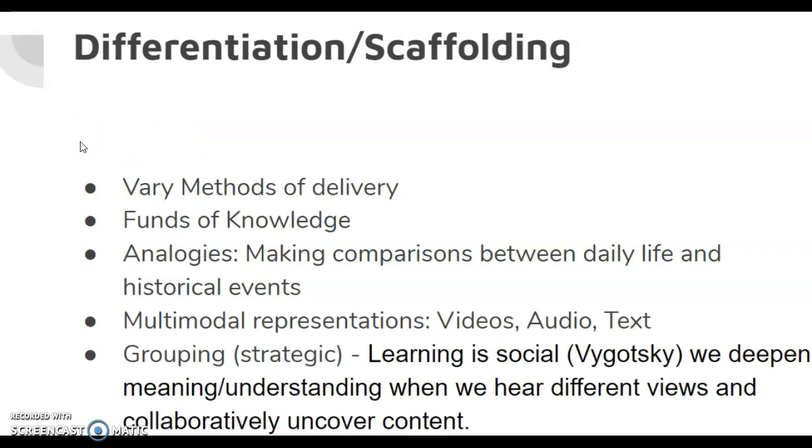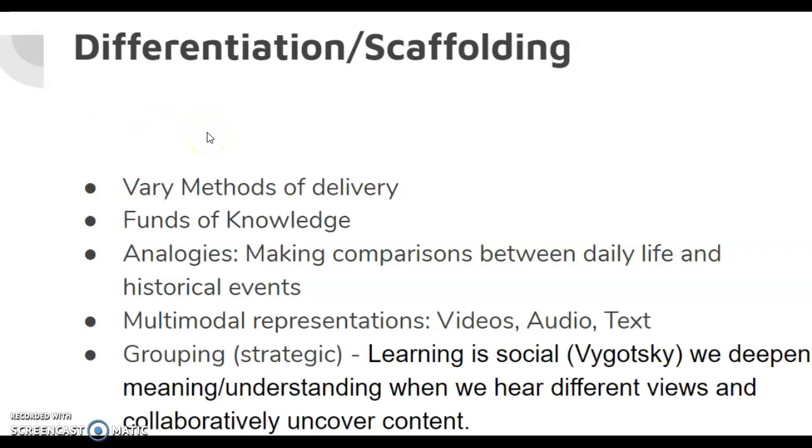Well, primarily in history and social science, there's a lot of documents that we have to read, primary and secondary sources. So one way to scaffold and differentiate would be to have definitions in bold on the side for our struggling learners. Or we can also have students access the same level of information.